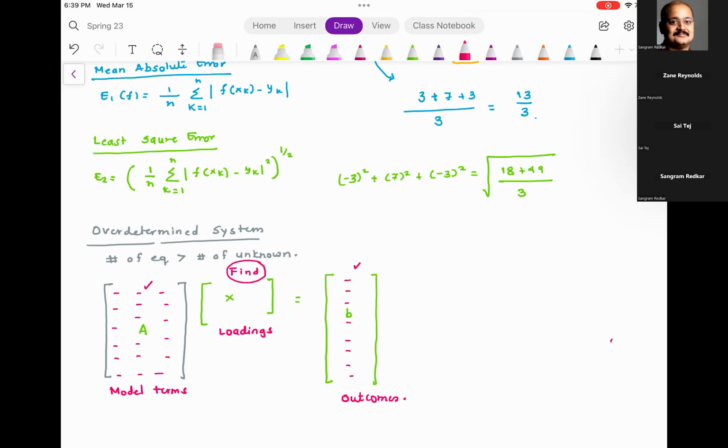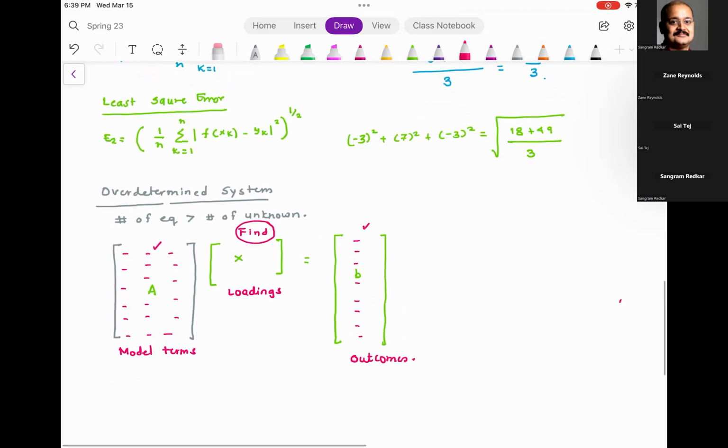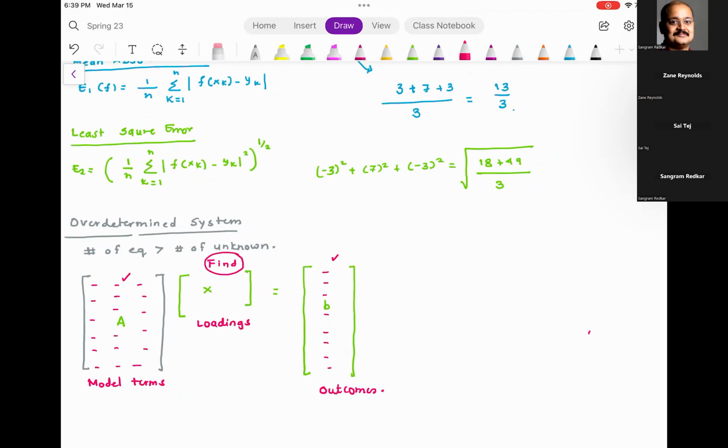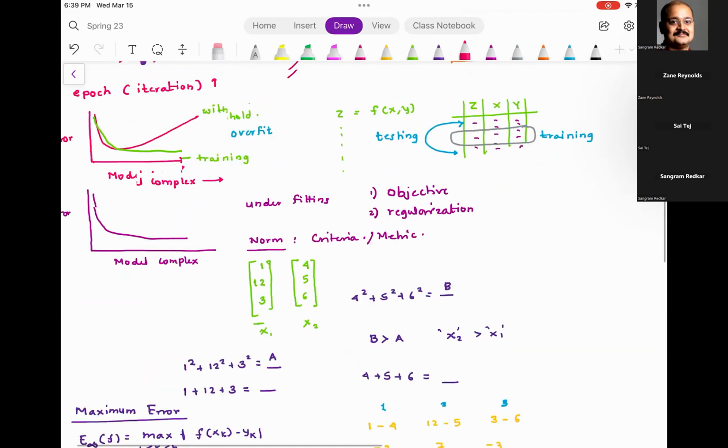To solve this type of problem, we will have to use an optimization routine. So we have to use optimization, and then again, you can define what type of optimization you want. Remember these equations that we talked about here.